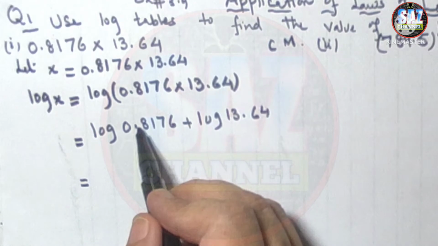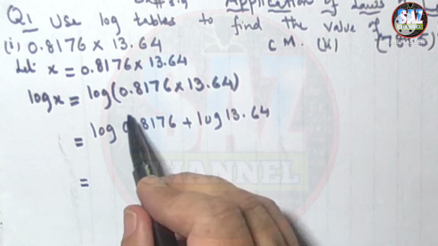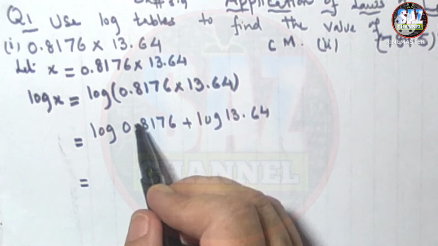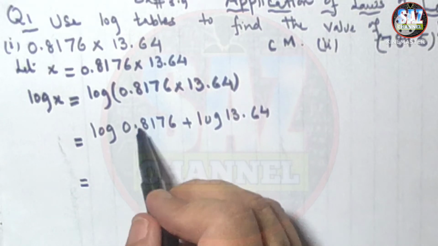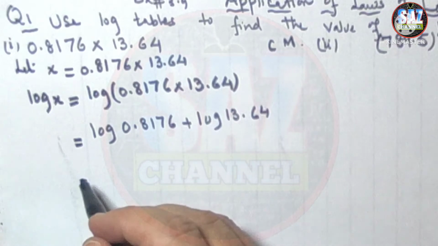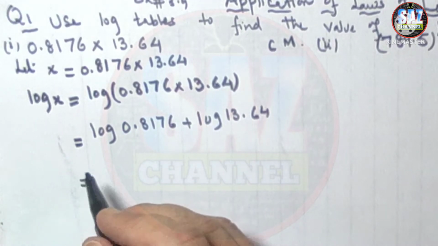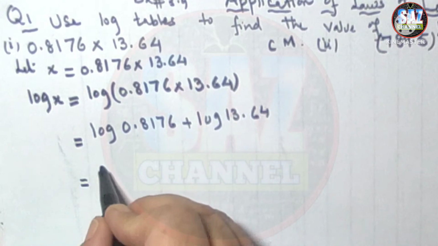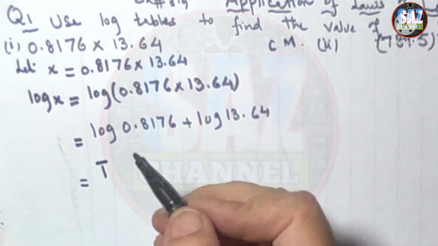As this number has no zeros immediately after the decimal point, the characteristic of this part will be equal to minus 1, so 1 bar.